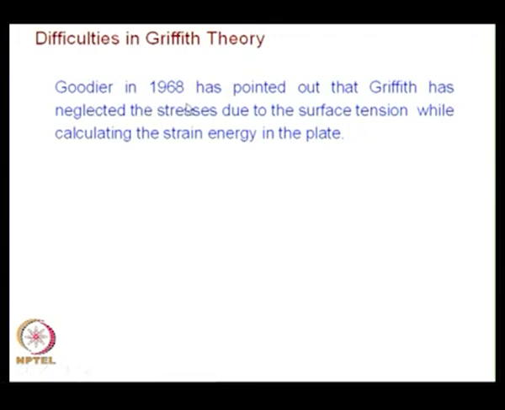Goodier in 1968 has pointed out that Griffith has neglected the stresses due to the surface tension while calculating the strain energy in the plate. See, the whole of Griffith theory hinges upon recognizing you need energy for the formation of surfaces, and we have also looked at that the surface energy was very, very small.